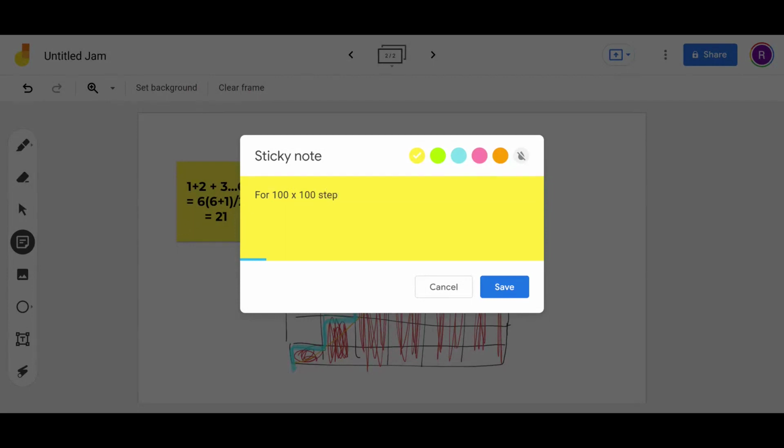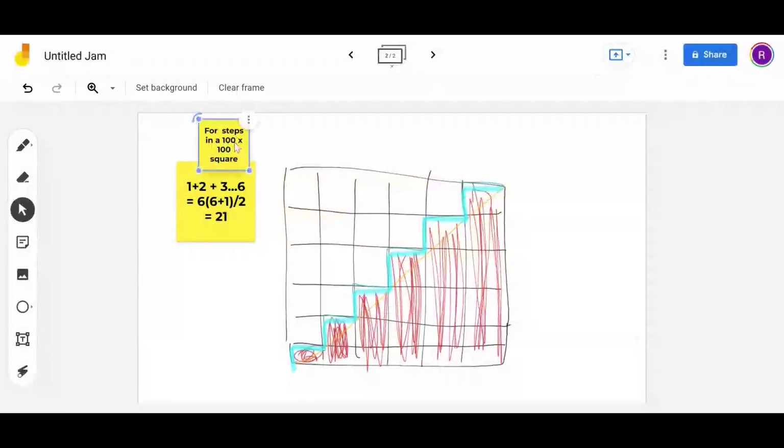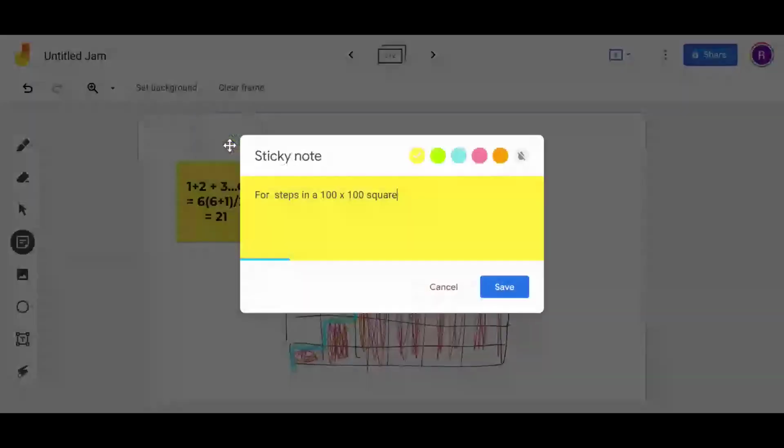So for the steps in a 100 by 100 square, it will be 1 plus 2 plus so on and so forth till 100.